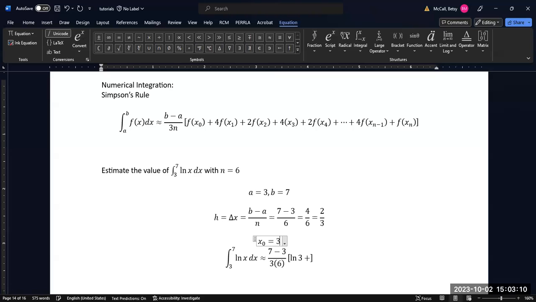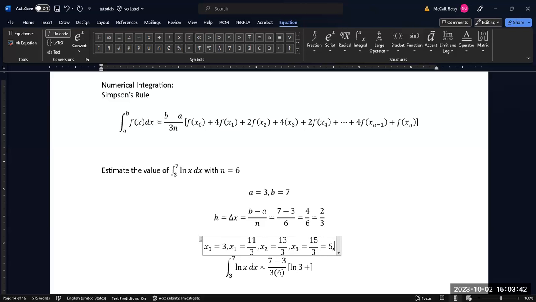So x0 is our first value, but then every value after that is going to be 2/3 more. So 3 is 9/3 plus 2/3 is 11/3. And then x2 is going to be 2/3 more, so 13/3. And then x3 is going to be, add 2/3 more, 15/3, which is 5.